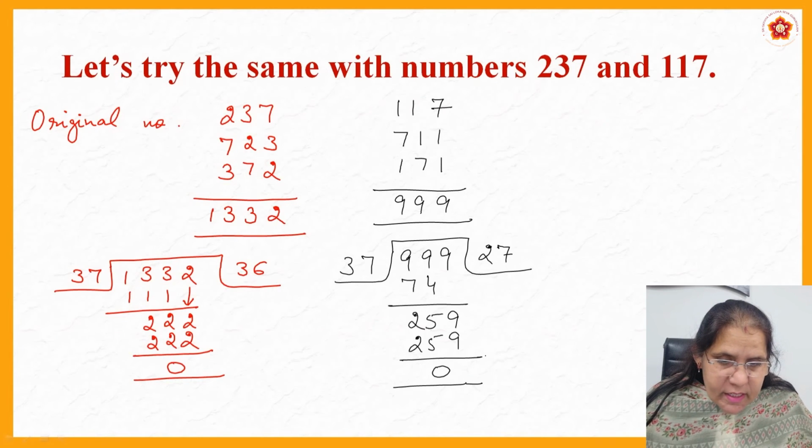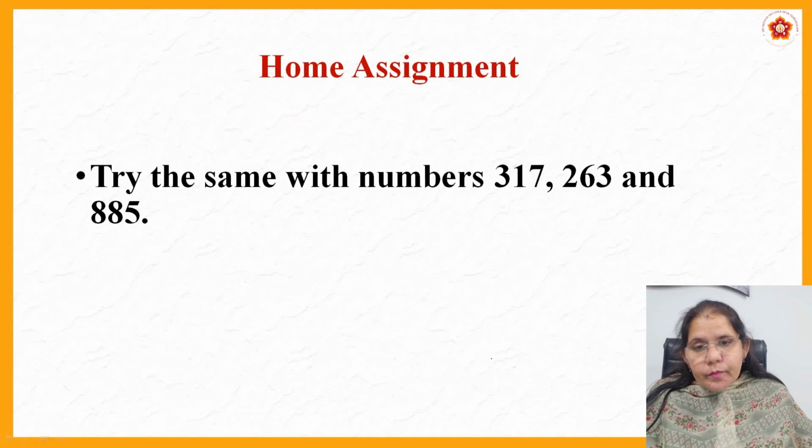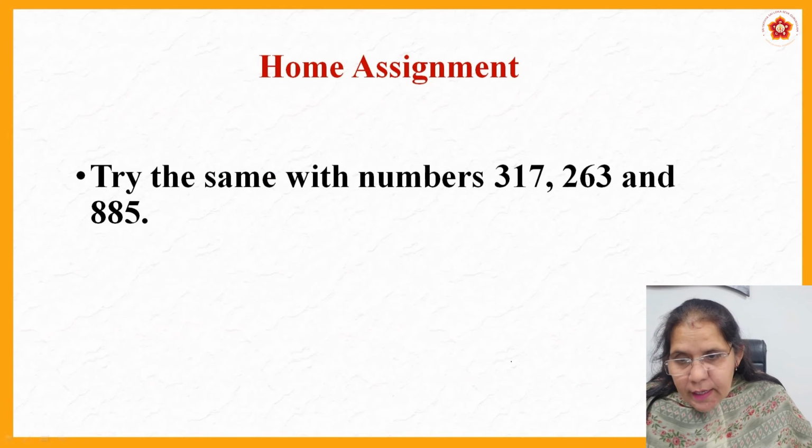So our remainder is 0. Try the same with numbers 317, 263 and 885.